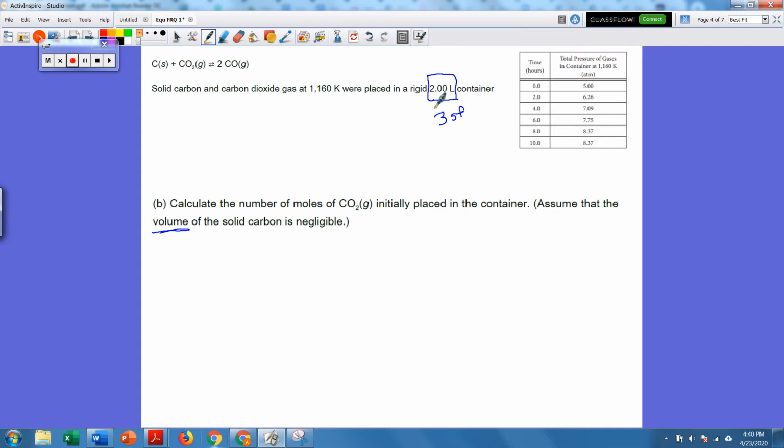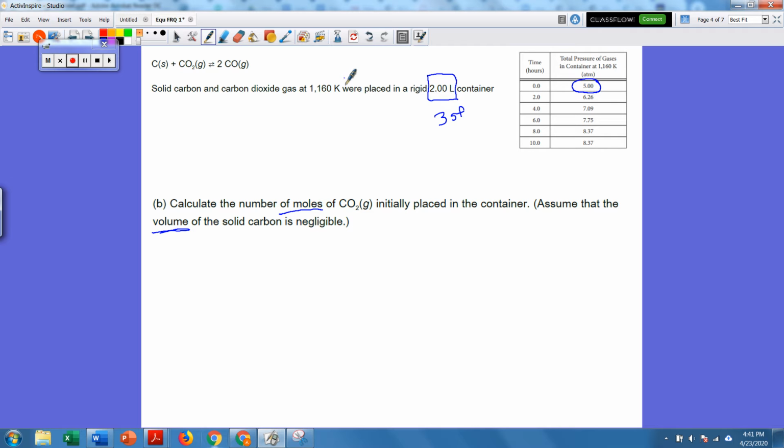Okay, so we've got a measurement of volume here, and it's asking us for the number of moles.